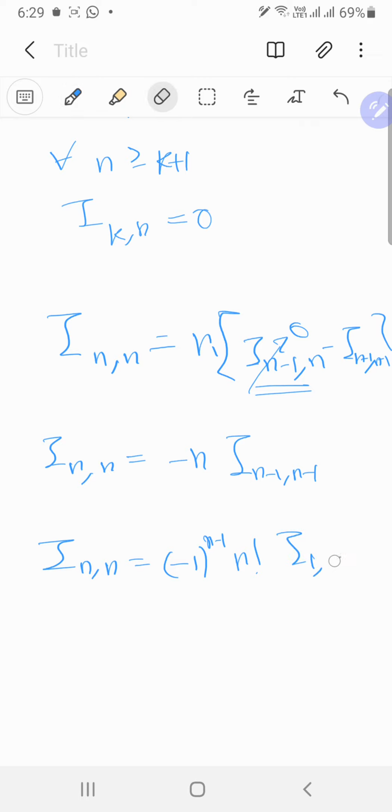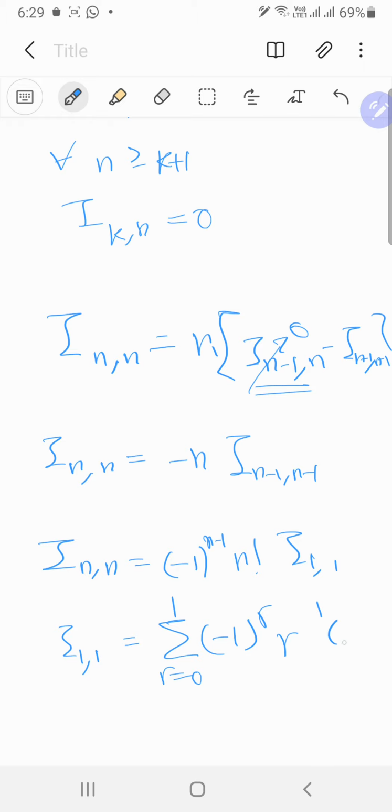Okay, so now we just need to find what this constant I(1, 1) is. So I(1, 1) is the summation from r equals 0 to n, which in this case is 1, of negative 1 to the power r, times r to the power k, so r to the power 1 is just r, and nCr.